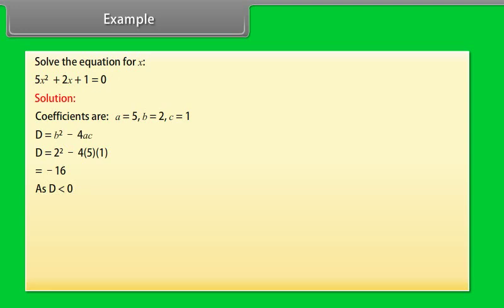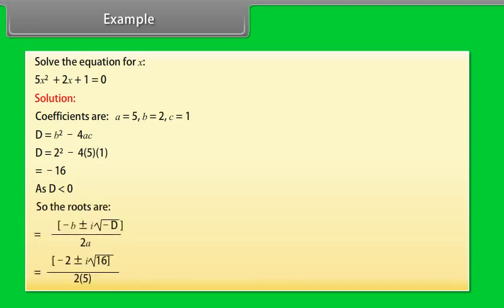As D is less than 0, so the roots are x is equal to minus 2 plus or minus iota under root 16 by 2 into 5, is equal to minus 2 plus or minus 4 iota by 10. On solving, we get x is equal to minus 0.2 plus or minus 0.4 iota.